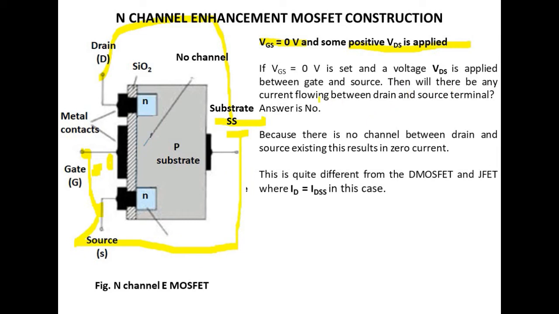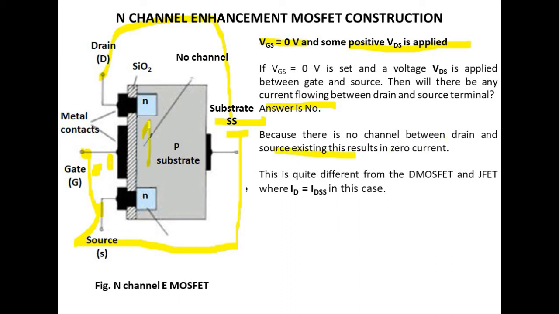Will there be any current flowing between drain and source terminal? Can we expect any current? The answer is no, because there is no channel existing between drain and source.